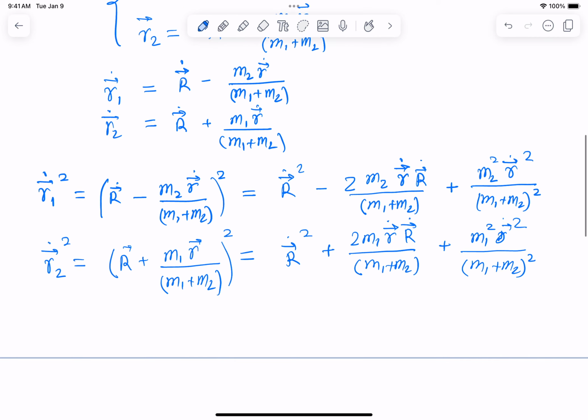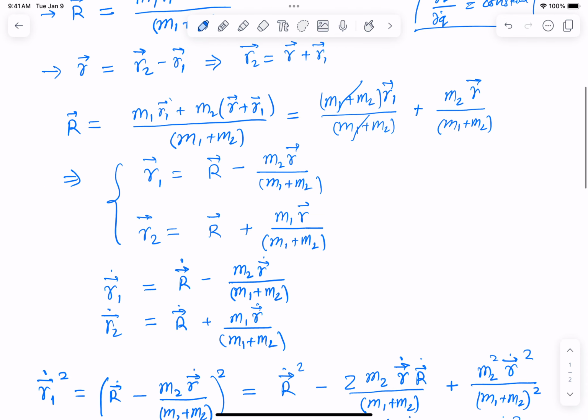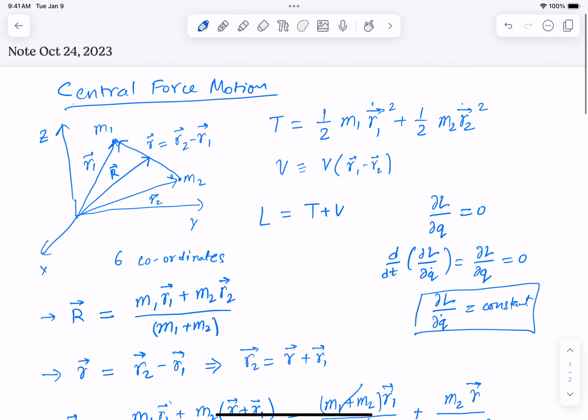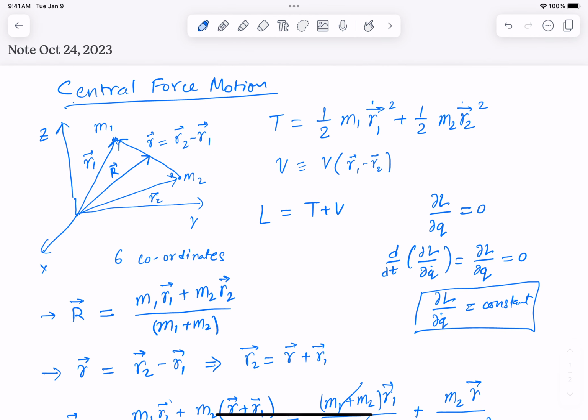Now that you have r1 dot squared and r2 dot squared, we are actually interested in the quantity, the kinetic energy, which is half of m1 r1 dot squared plus m2 r2 dot squared.